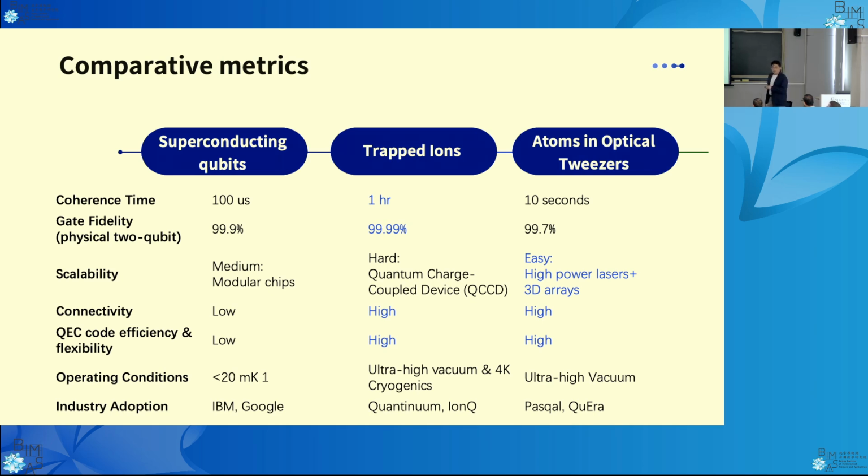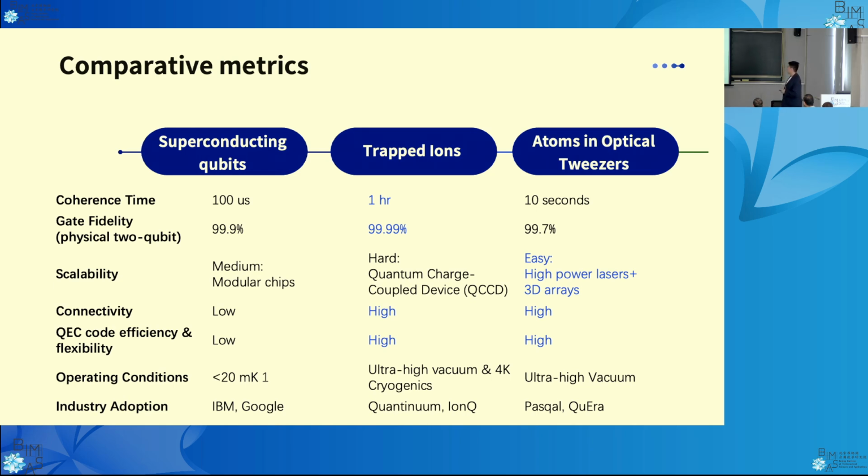So if you want to be efficient, we can look at these two systems, which are trapped ions and atoms in optical tweezers. One of them is, of course, charged atoms, and the other one is neutral atoms. And of course, the superconducting qubits are artificial atoms.